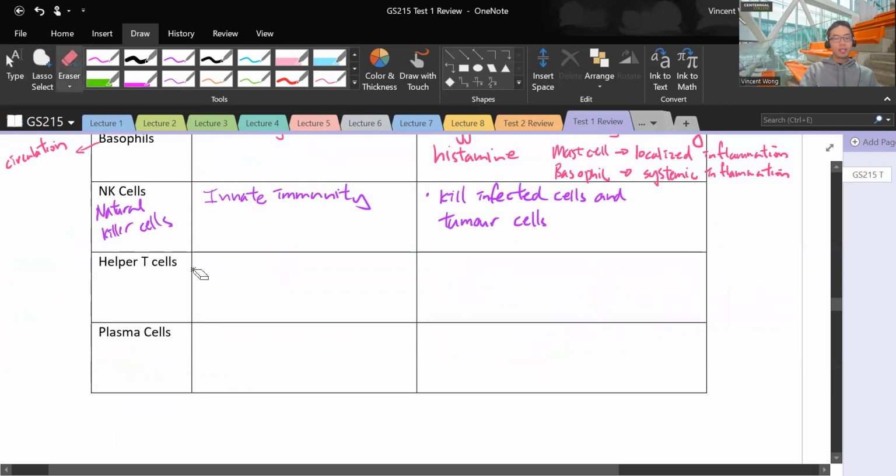Next, we have the helper T cells, which is part of the cell-mediated immunity, right? It's part of the adaptive immunity, of course.